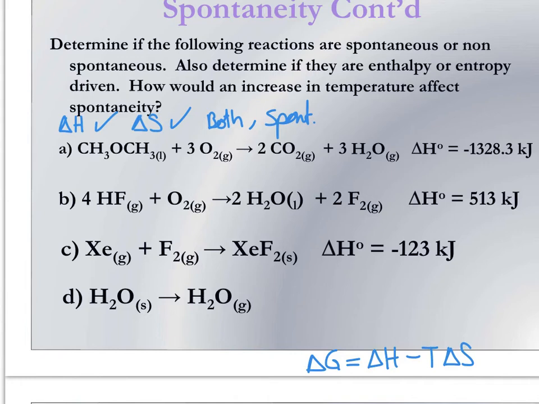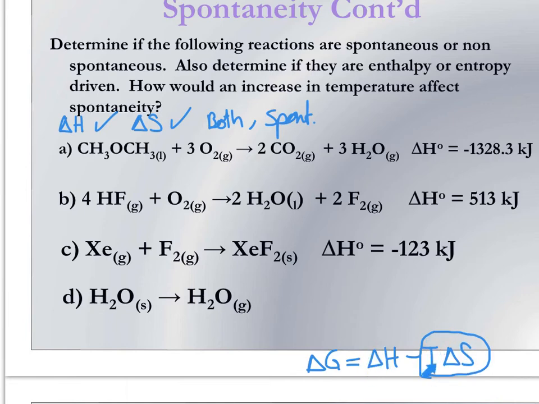So if I were to increase the temperature, because the temperature is multiplied by my delta S, I increase this term that I circled here. And so this term becomes bigger than this term, right?